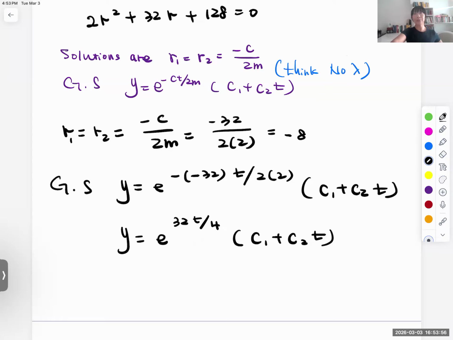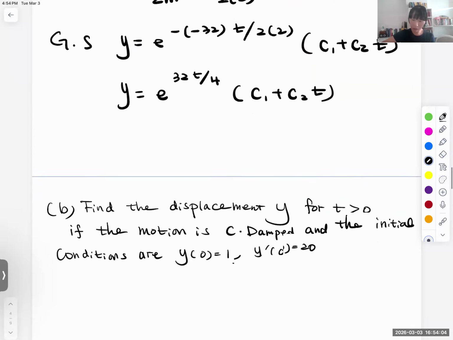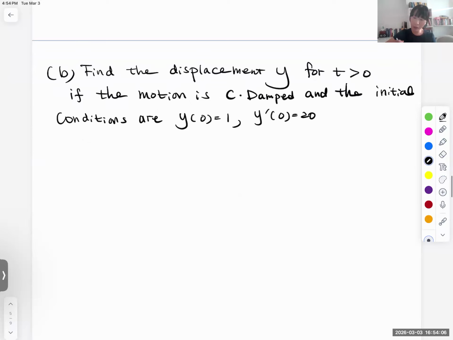Okay, now second part. We want to find the displacement y for t greater than 0 if the motion is critically damped.